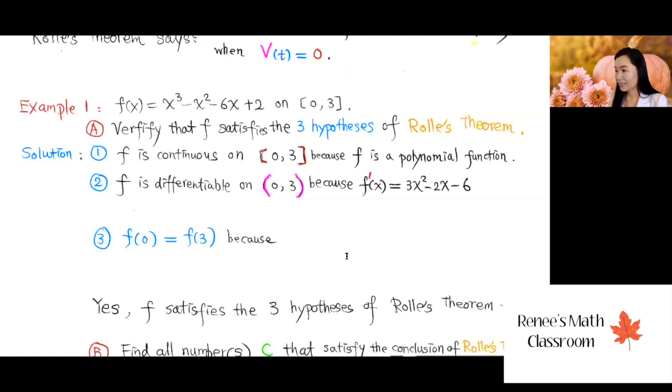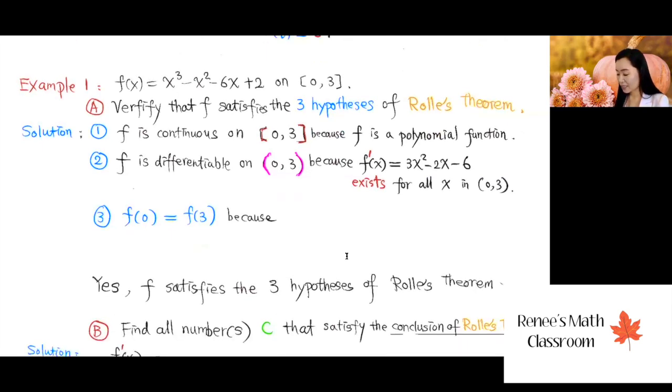So it certainly exists. Okay, it's never going to be undefined. So this derivative exists. That's what it means to be differentiable. So that exists for all x in 0 to 3. Actually exists for all real numbers. So certainly exists in this open interval. Okay, so satisfy the two hypotheses.